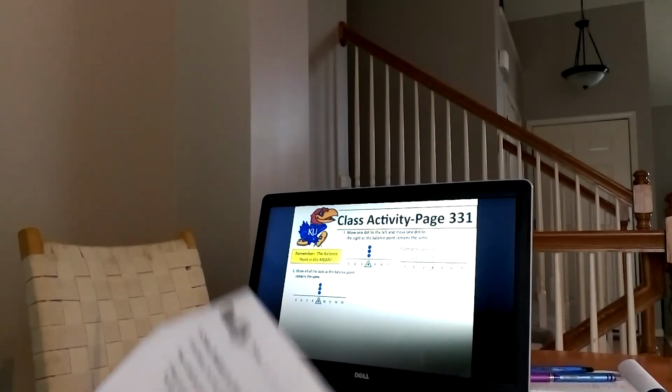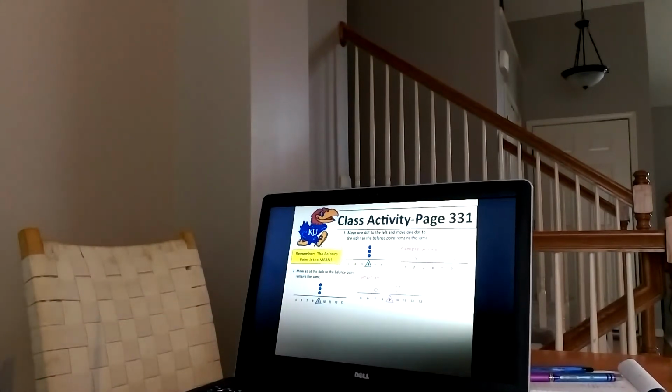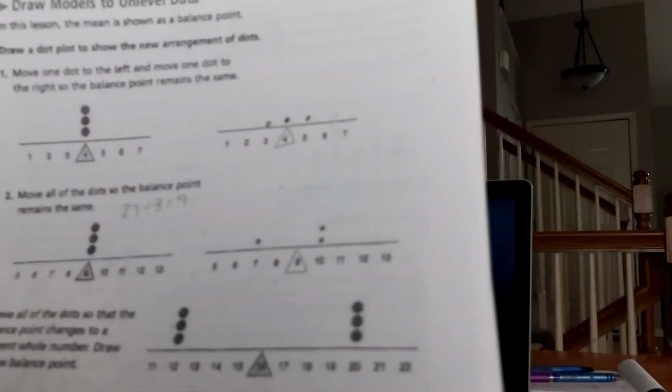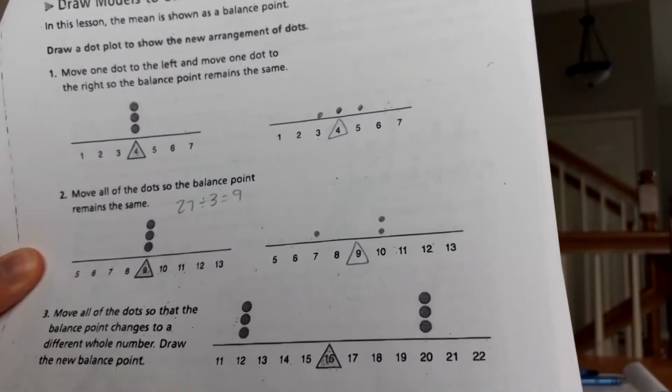Okay, now I'm going to challenge you, and that's the one on your PowerPoint too. I'm going to challenge you to try and find another solution, because there's more than one other way to write that. Okay, so when I wrote that down, I put 2 dots on 10 and 1 dot on 7.